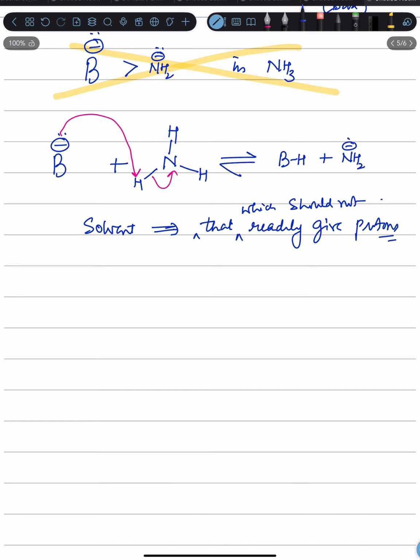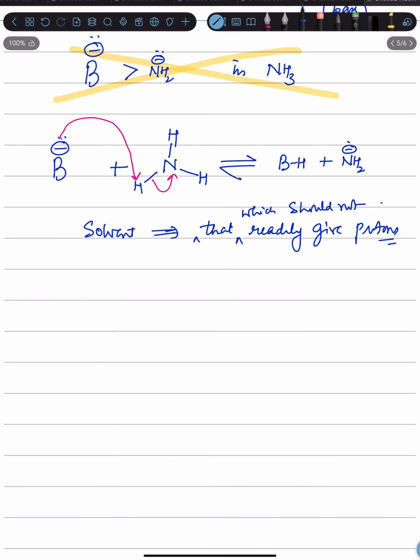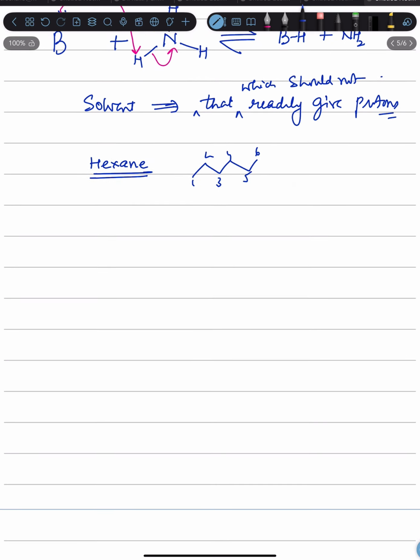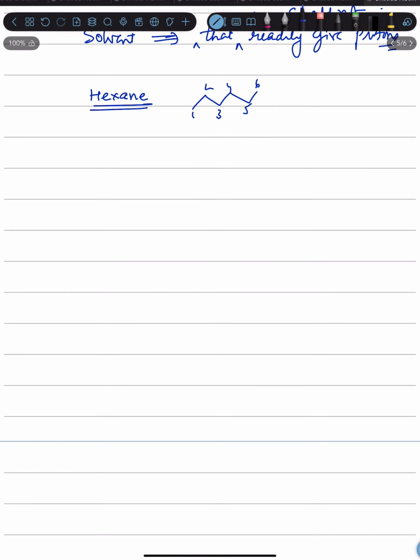That is the choice of the solvent. For example, we have hexane, heptane, etc. Those are alkanes. They cannot easily give their protons. So they can be used with such types of bases during organic reactions.